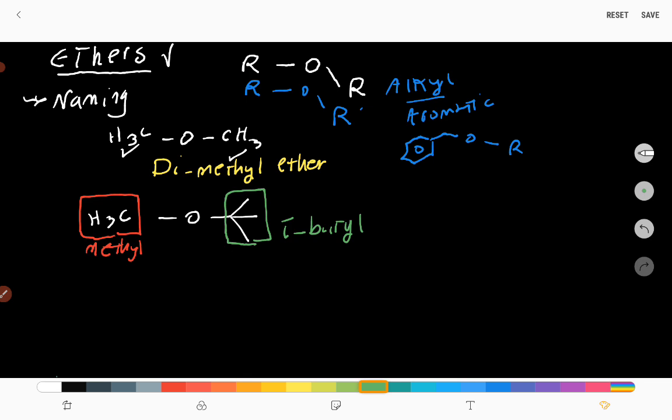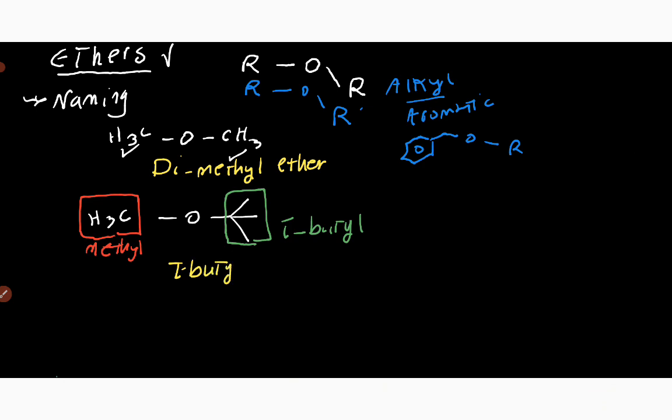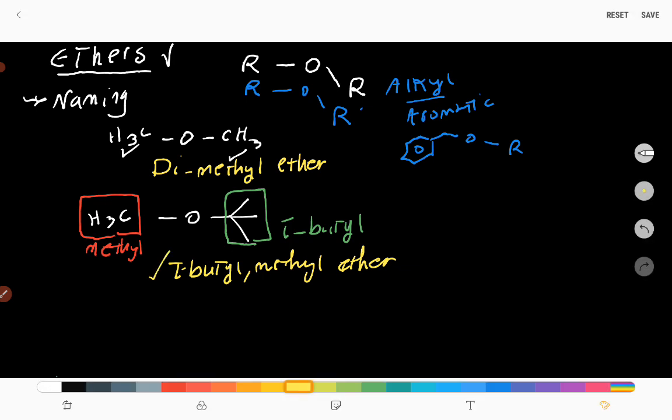We just say the name of the groups, and at the end, as said before, we add ether. So tertiary butyl methyl ether. The tertiary butyl is named first because of alphabetical order. So that's the name of this kind of structure.